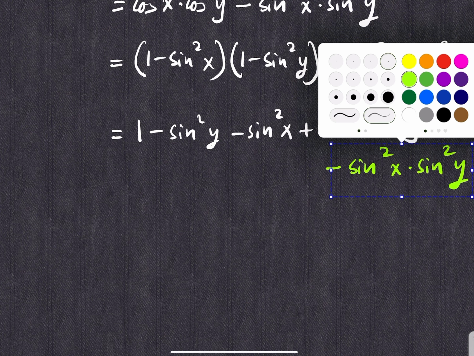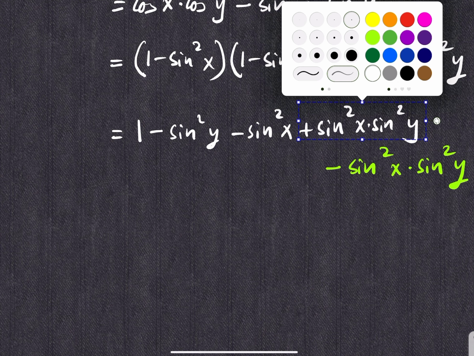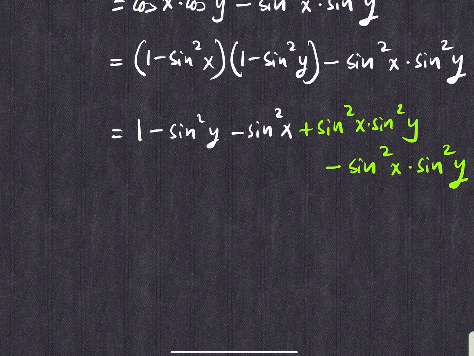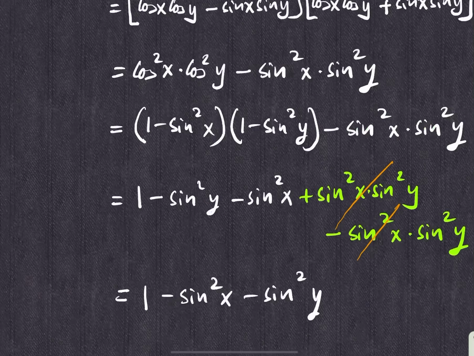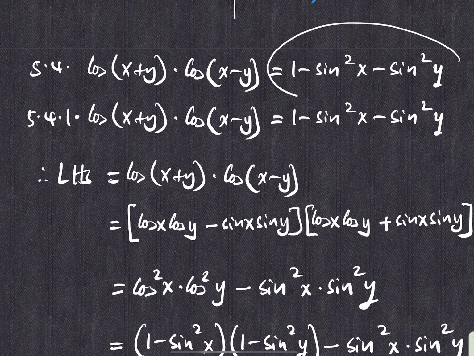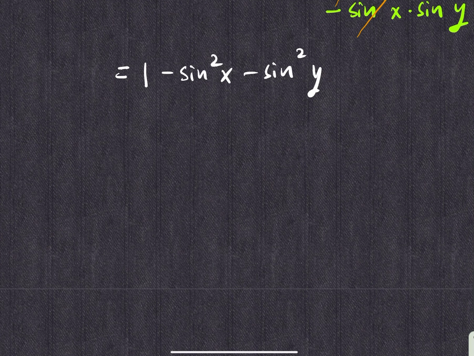Those two terms are going to undo each other, so you cancel them, and you will be left with 1 minus sine squared of x minus sine squared of y, which is the right hand side.